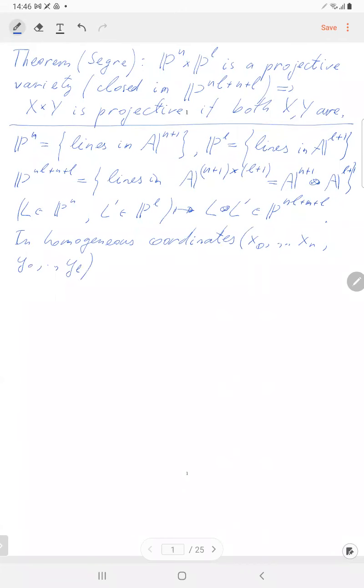Then it goes to the coordinates z_ij, that by definition are just the products of those coordinates, xi times yj, and here i runs from 0 to n, and j runs from 0 to l.